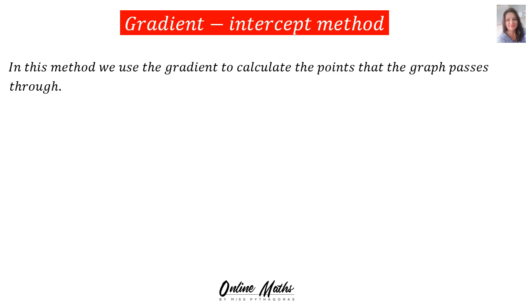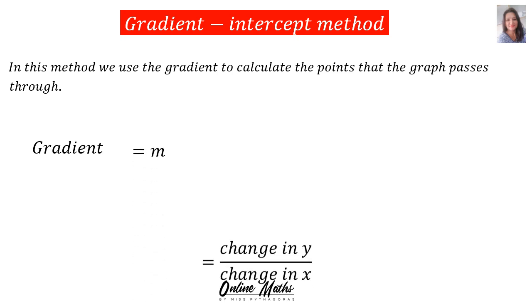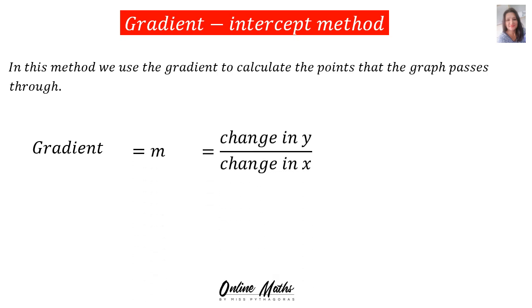There is another method to sketch a straight line graph, and this method is called the gradient-intercept method. In this method, we use the gradient to calculate the points that the graph passes through. It works like this. Remember, the gradient is m, and m, the gradient, is the change in y over the change in x.